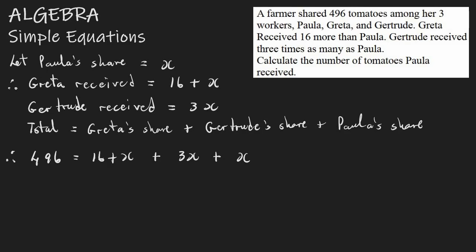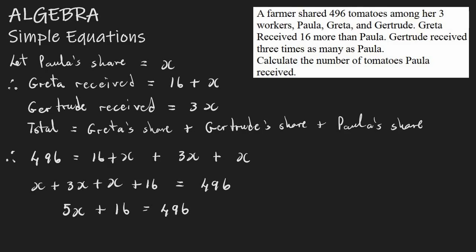So, I can rewrite this simple equation as, grouping my like terms, x plus 3x plus x plus 16 is equal to 496. Adding my like terms, x plus 3x plus x, that is equal to 5x, plus 16 is equal to 496.